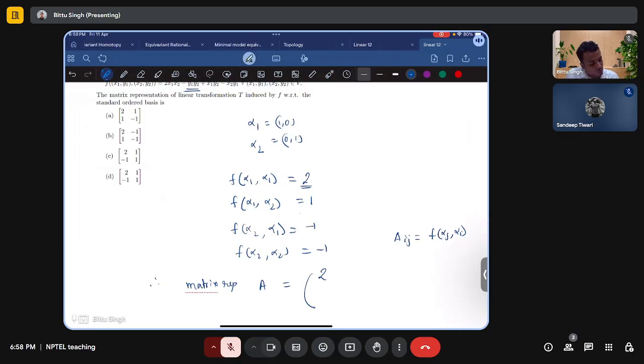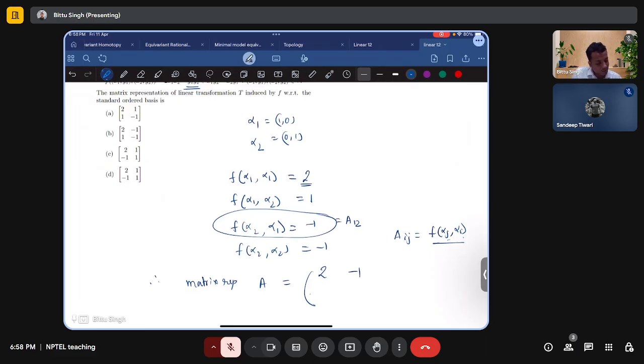Now what is A12? A12 means alpha 2 alpha 1. So A12 is minus 1. Then A21, which is plus 1. A22 is minus 1. So this will be the answer.